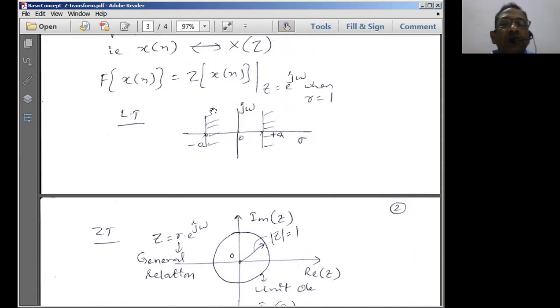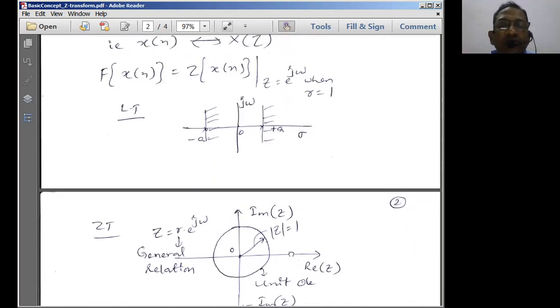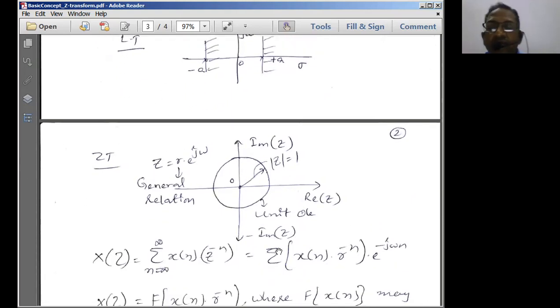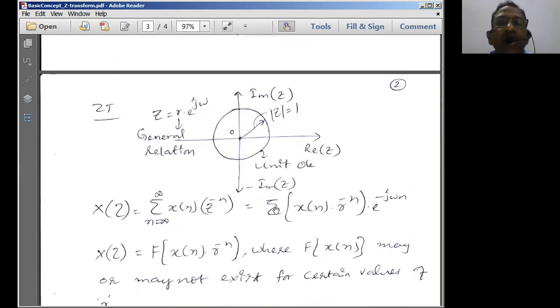Now, similar to the representation for Laplace transforms, we are also going to have the region of convergence for the Z transforms. Here in the case of Z transforms, we always have a unit circle, because when mod z becomes equal to 1, that means when r is equal to 1, we get mod z is equal to 1.